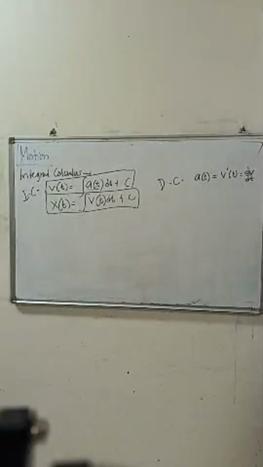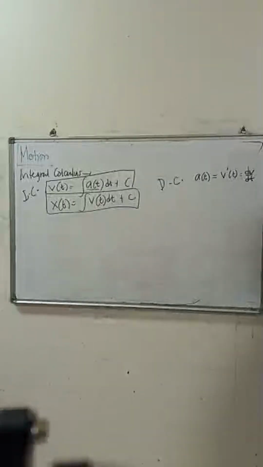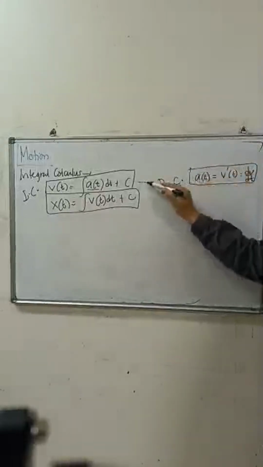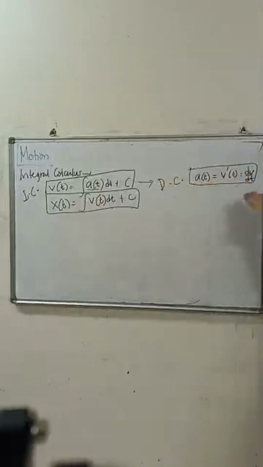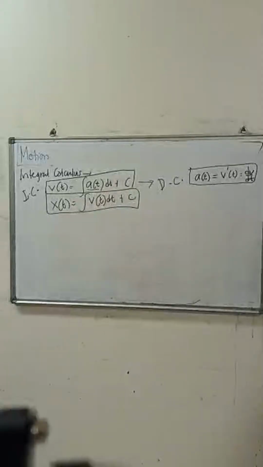It would be the same because v prime is the first differentiation of the particular function. If two, the second differentiation. This is the version of differential calculus equivalent to this. So it's the reverse, as you can see, but the only difference is that we don't add C in differential calculus.